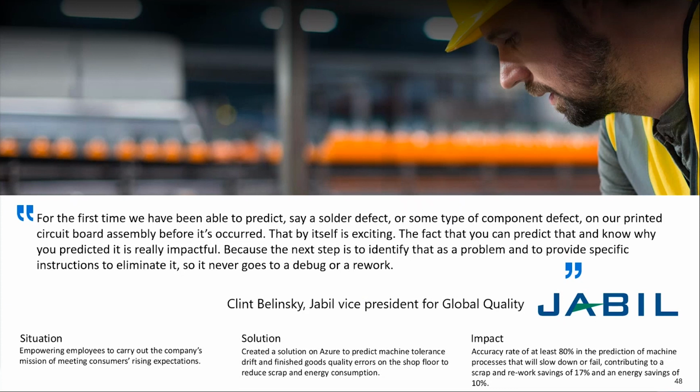These kinds of solutions are now able to find problems before they are detected, before they go onto the customer site, or before they would have even been identified in the past. So a very, very new, innovative way to think about your manufacturing.